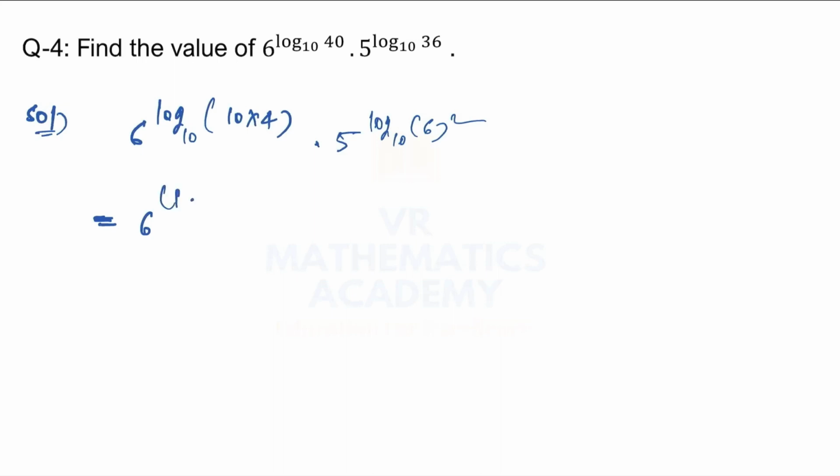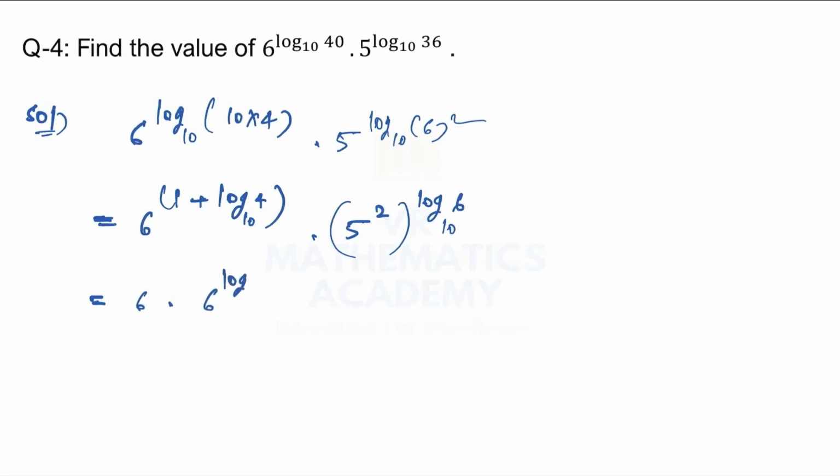So log of 10 will be equal to 1, plus log of 4 with base 10, multiplied by, here we will apply the law number 3. By law number 3, the power will be multiplied with the log of 6, so it will be 5 squared, log of 6 base 10. Now this can be written as 6 multiplied by 6 raised to the power log 4 base 10, and this can be multiplied by 25 raised to the power log 6 base 10.